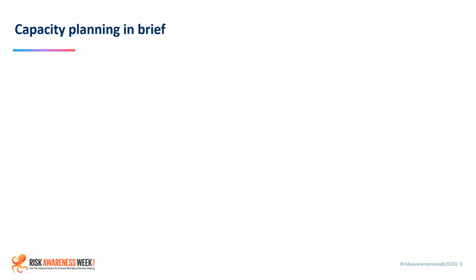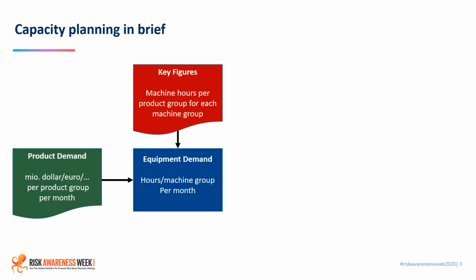Looking at capacity planning in brief, it's all about resources. You look at the product demand, which you can measure in dollars or euros or any monetary things. You can also measure in pieces in some companies, that would be more likely. Then you have some key figures that translate product demand into equipment demand. Equipment, it could also be people, it could be anything, what you look at as a capacity group in your company.